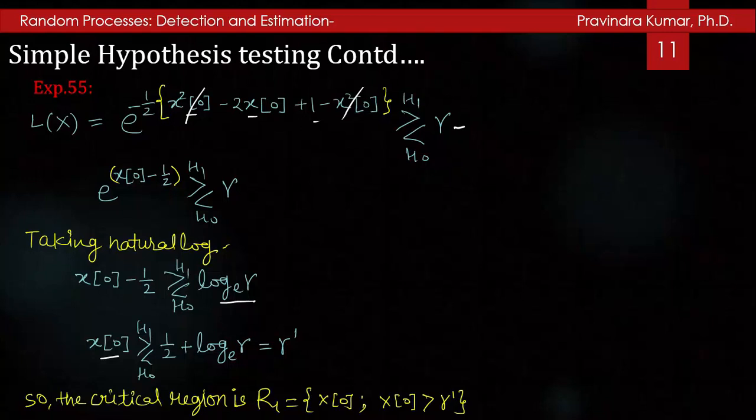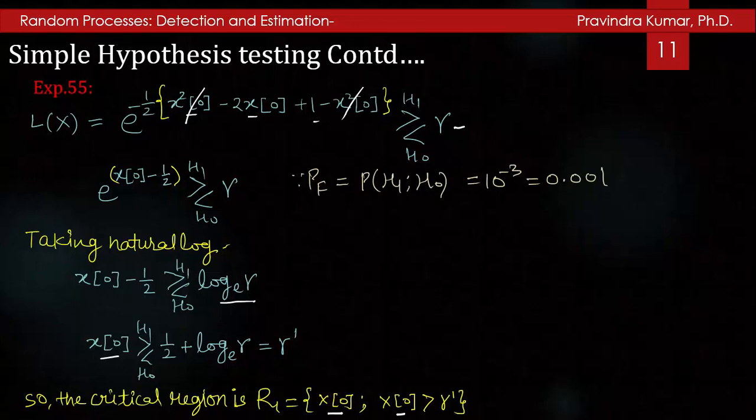So the critical region R1 will be the observed data x naught such that the observation is greater than gamma dash. We will decide hypothesis H1, or the critical region R1 in this case, when the observation is greater than this new threshold gamma dash.